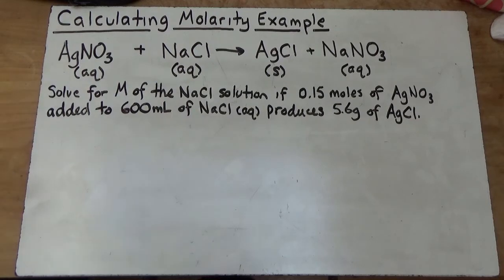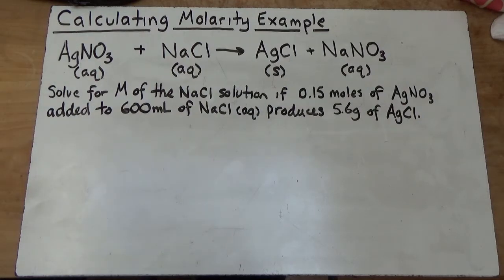All right, so for those of you who are unaware, AQ means aqueous, and that just means dissolved in something. 99% of the time, it's implied that we are dissolved in water, and I would assume that you're dissolved in water unless the problem tells you specifically that you're dissolved in something else.